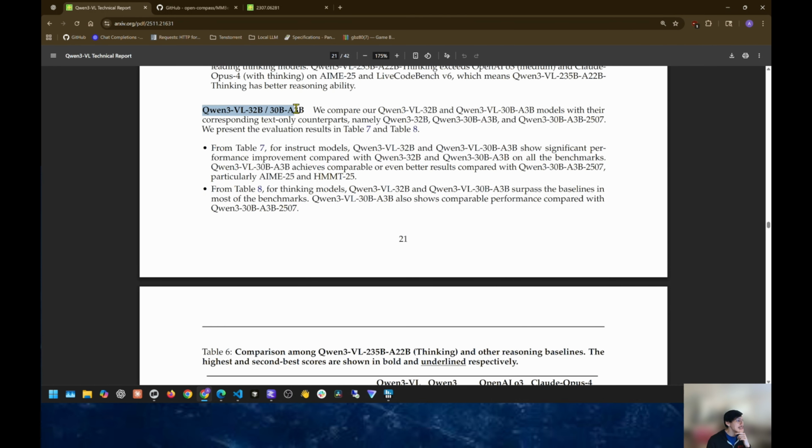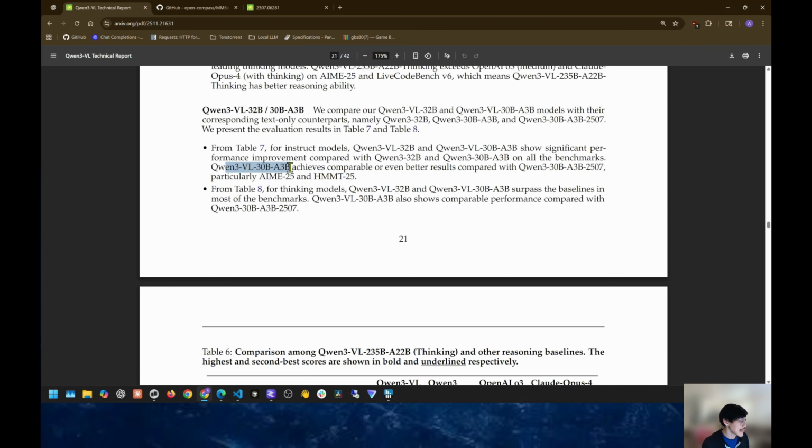Qwen3 VL 32B and 30B A3B. We compare our Qwen3 VL 32B and Qwen3 VL 30B A3B models with their corresponding text-only counterparts, namely Qwen3 32B, Qwen3 30B A3B, and Qwen3 30B A3B 2507. We present the evaluation results in Table 7 and Table 8. From Table 7 for Instruct models, Qwen3 VL 32B and Qwen3 VL 30B A3B show significant performance improvements compared to Qwen3 32B and Qwen3 30B A3B on all the benchmarks.